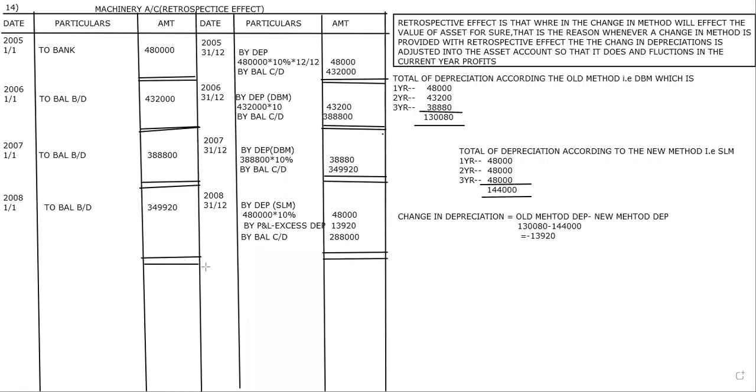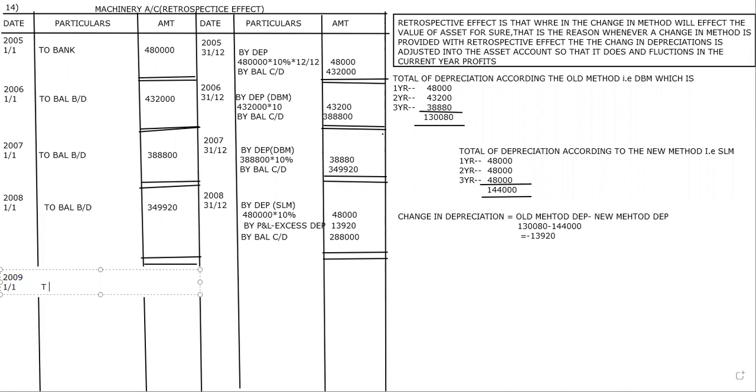Is there a lot of difference or not? A countable difference, yes. That is why they say the method should not be changed. If changed, it hurts the organization financially a lot. 14,000, 13,000 is not a small amount, isn't it? It is definitely going to affect us. That is why the method should not be changed at all.